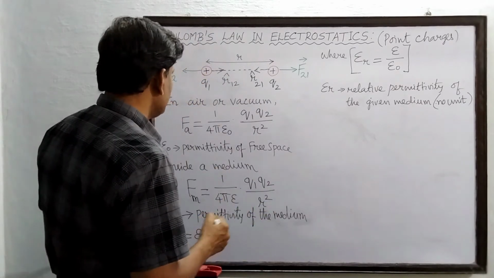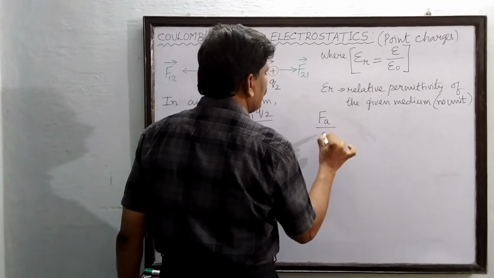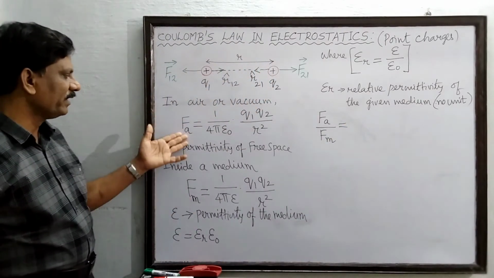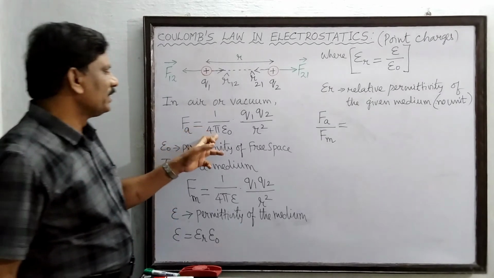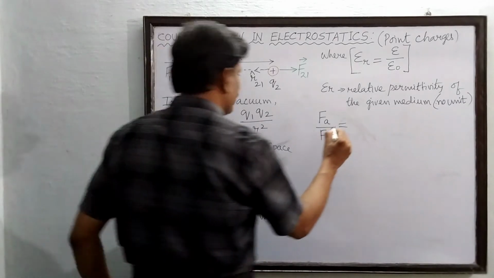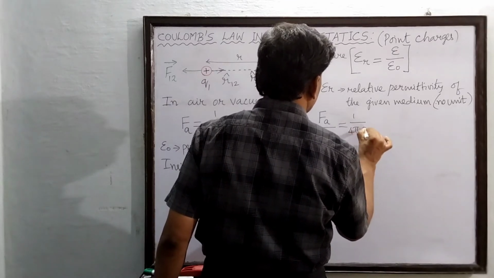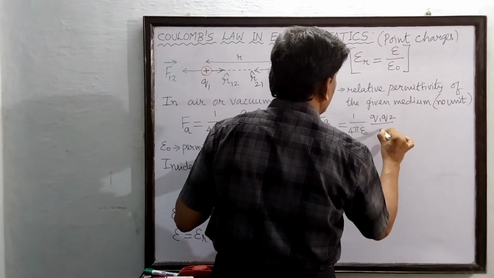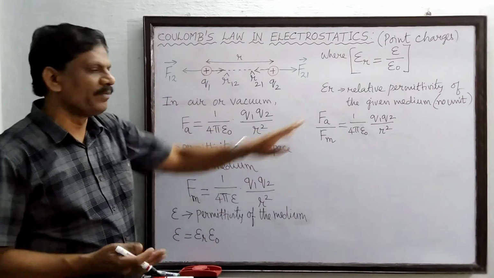Okay students, now you see that I will take the ratio of force in air to the force in the medium. I am taking the ratio of Fa and Fm, so that the constants 1 by 4 pi, everything is getting cancelled. I will write the entire term like this: 1 by 4 pi epsilon naught into Q1 into Q2 divided by R square. When I divide this by the second term, I can multiply by the reciprocal.